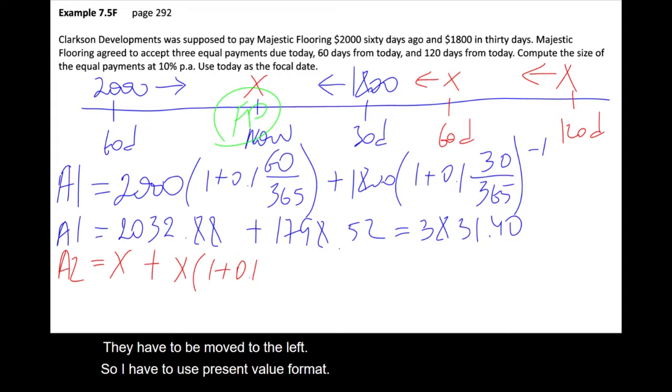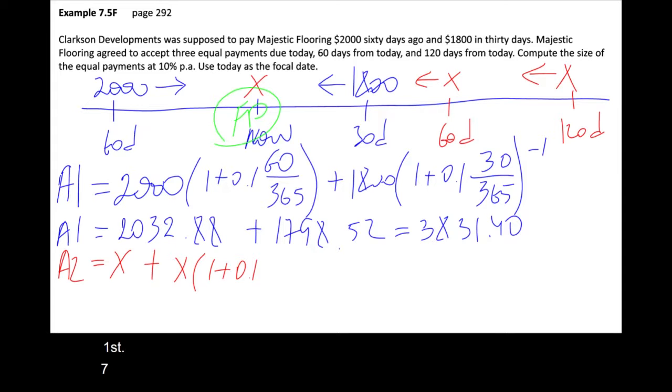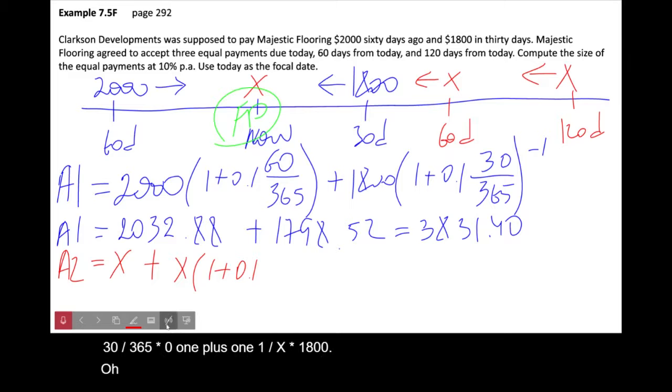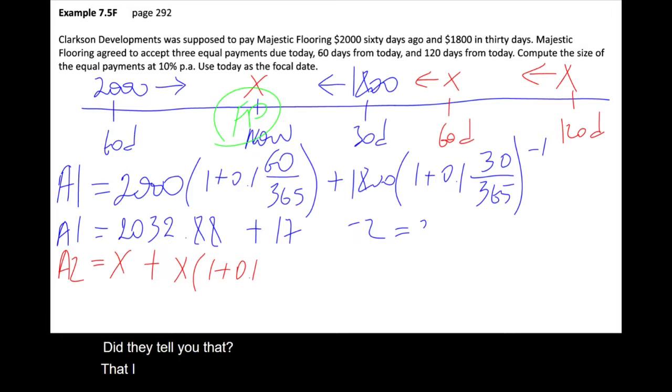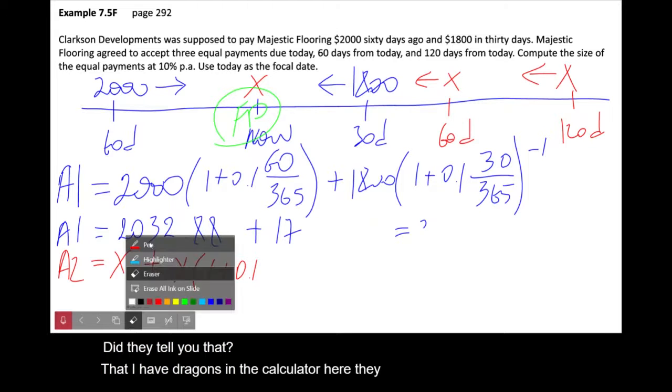First is 30 over 365 times 0.1 plus 1, 1 over x times 1800. Oh yeah, you're right. My gremlins. Did I tell you that I have gremlins in the calculator? Here they are.